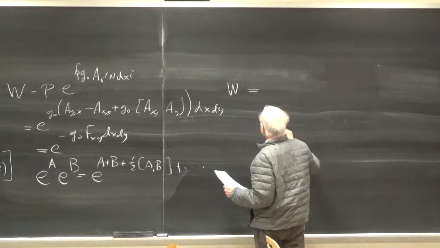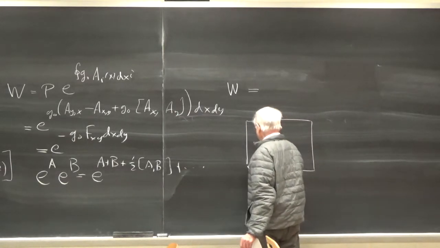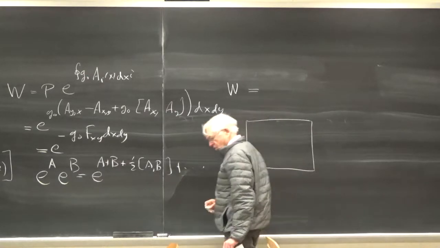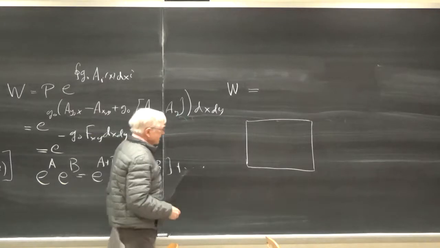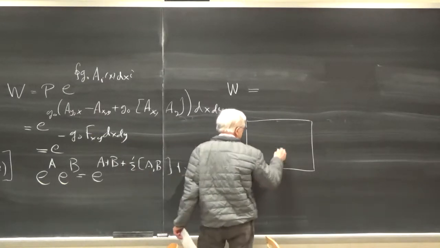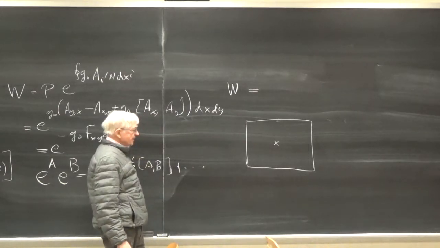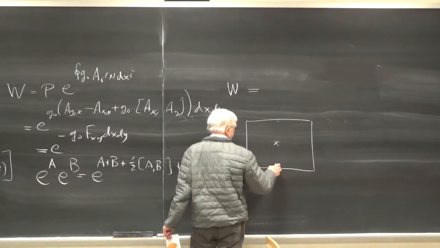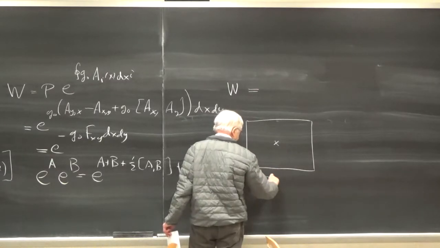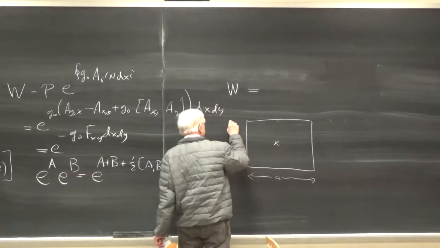Let me show you two ways, and I'll just sketch the way that I'm not going to do, and then do the way that I did last time, but do it more carefully this time. Suppose x is the center of this small square, and this is of size a. a is called the lattice spacing.